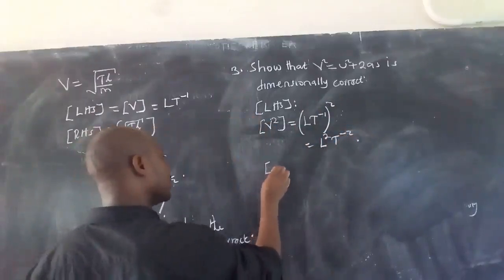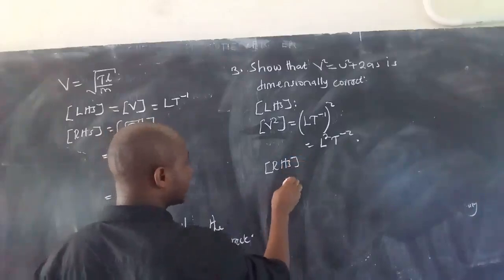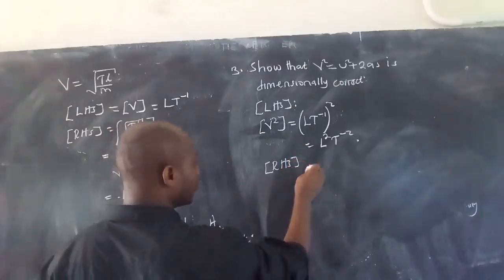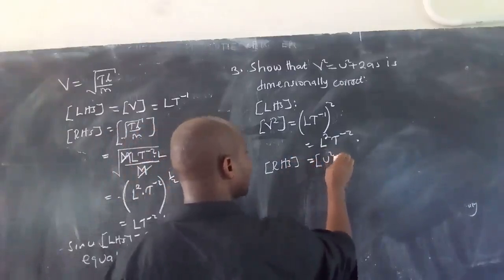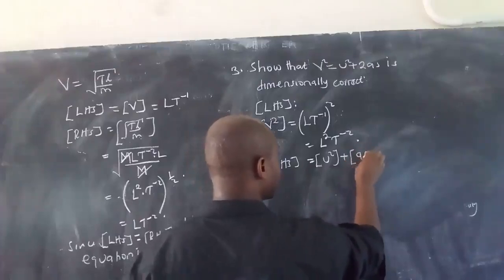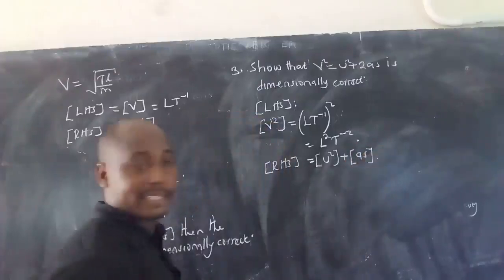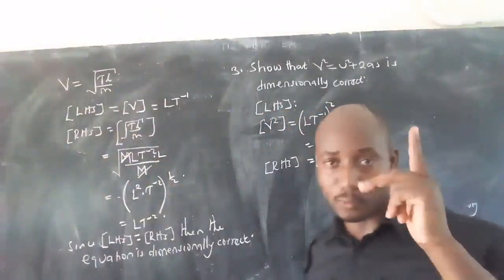Then we go to dimensions of the right hand side, which is equal to dimensions of u squared plus dimensions of as. 2 is a dimensionless constant, and the dimension of the constant is 1.